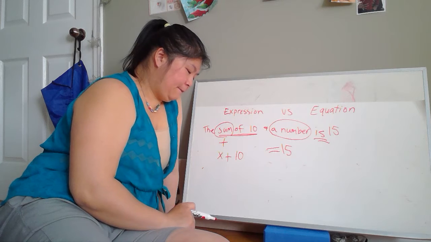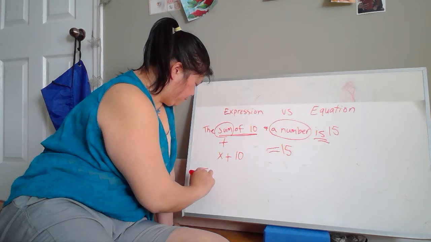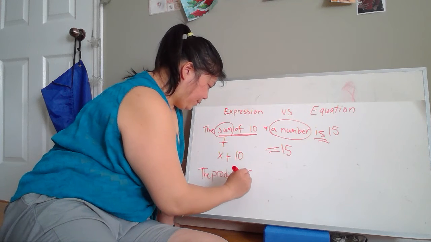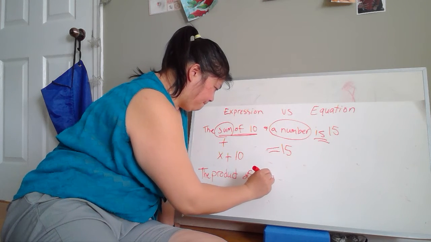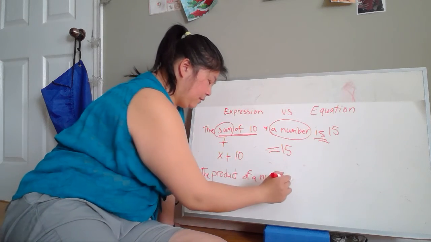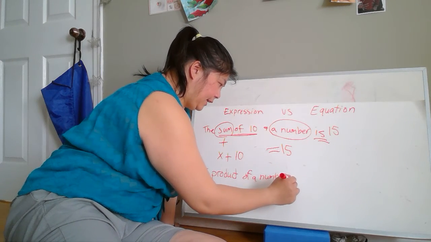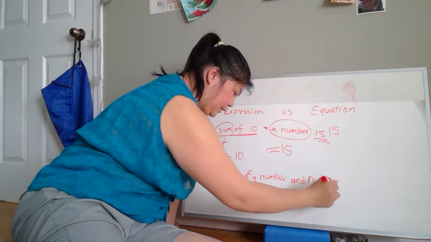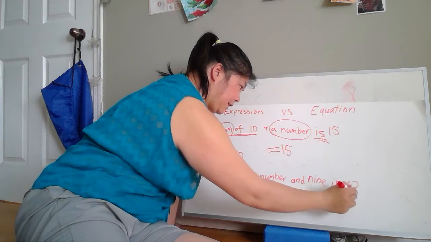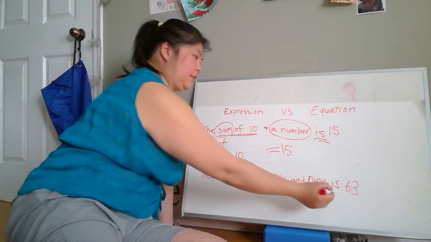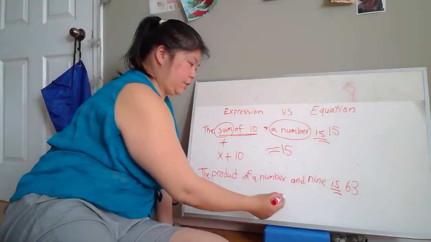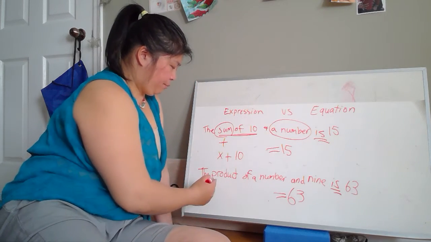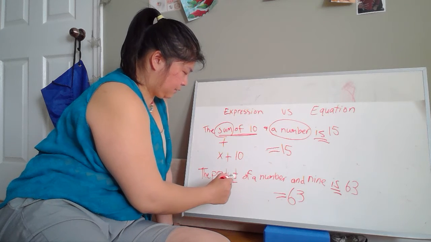What about the product of a number and 9 is 63. I like to see is as your equation. What does the product mean?